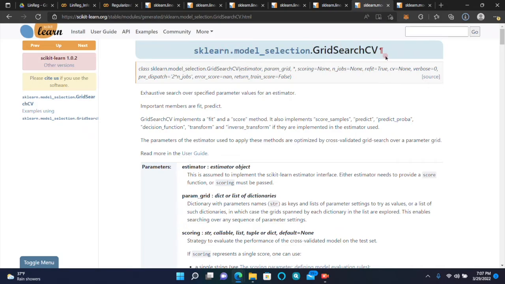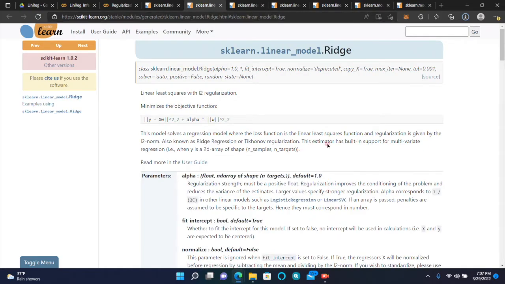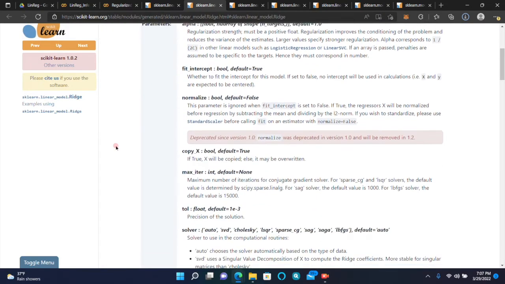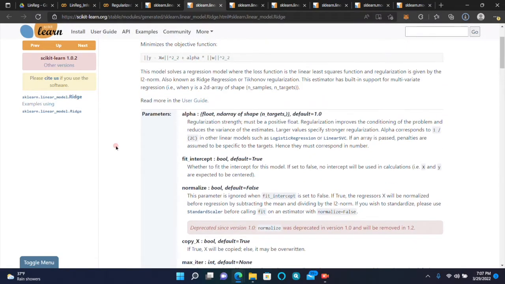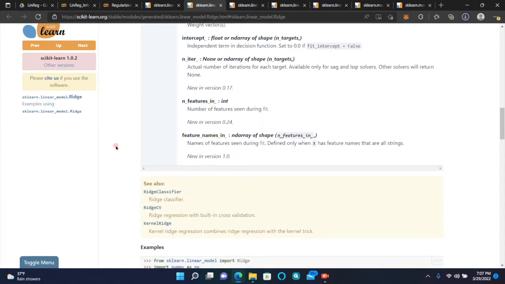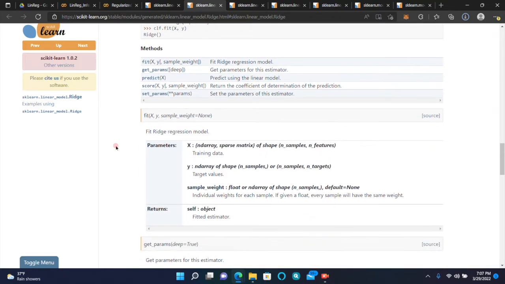So this takes grid search CV. It takes an estimator, which will be our ridge model, and a parameter grid, which we just made. And then this scoring equals none. It's going to automatically use whatever the scoring function is for the estimator. Which I believe it is the mean squared error here, although I could be wrong about that.